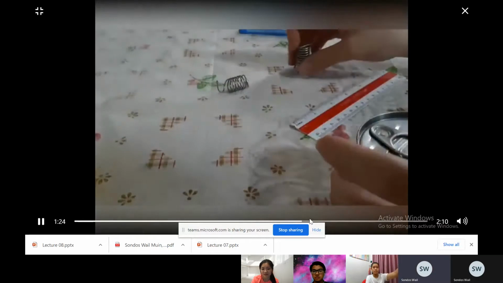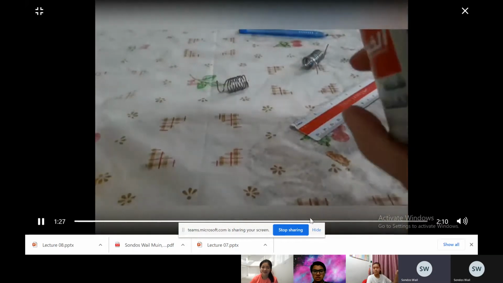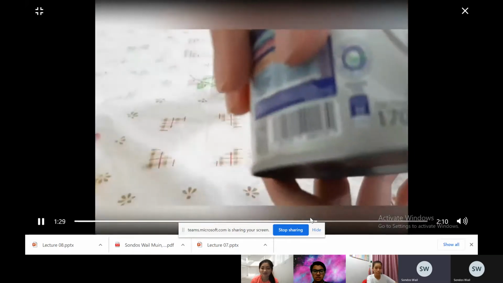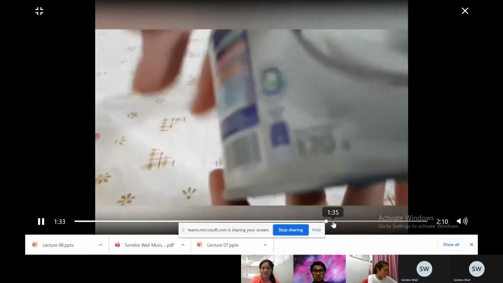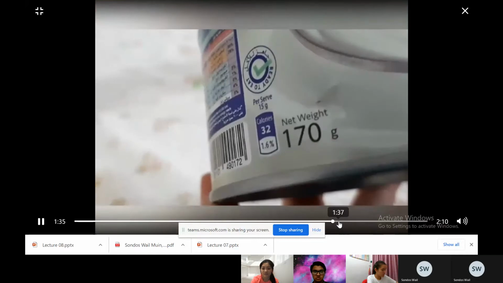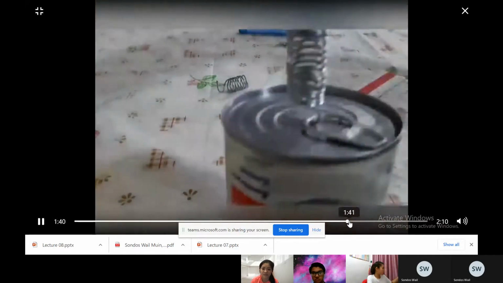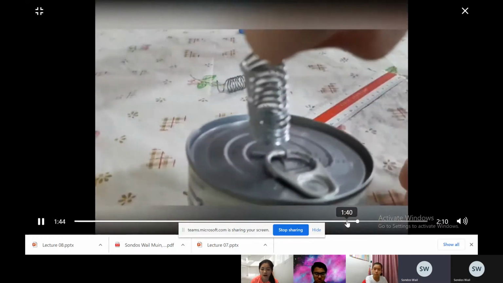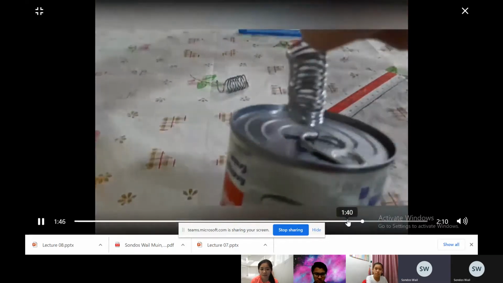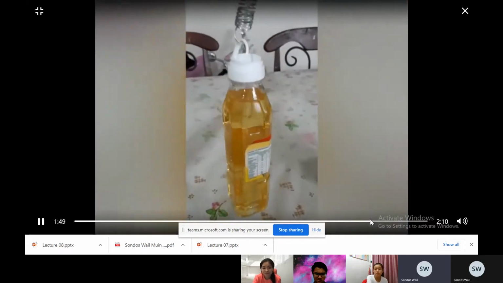Okay, so now I'm going to put the weight on. Here it's 170 grams. So the extension was 2.5 for the first string, which means the extension was 0 centimeter.